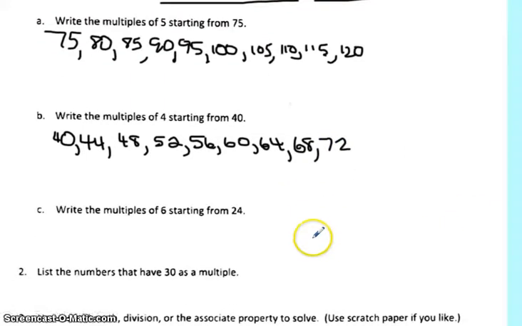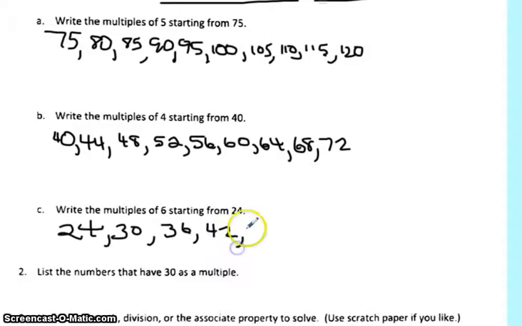All right, let's write the multiples of 6 starting from 24. So it'd be 24, 30, 36, 42, 48, 54, 60. Okay, and we could keep right on going. Multiples, we can keep going and going.